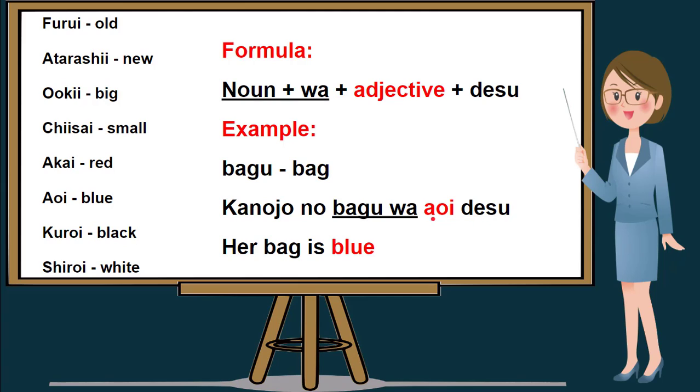By the way, oi means blue. So if we read this, kanojo no baguwa oi desu means her bag is blue. Let's read this once again. Kanojo no baguwa oi desu. In English, her bag is blue.